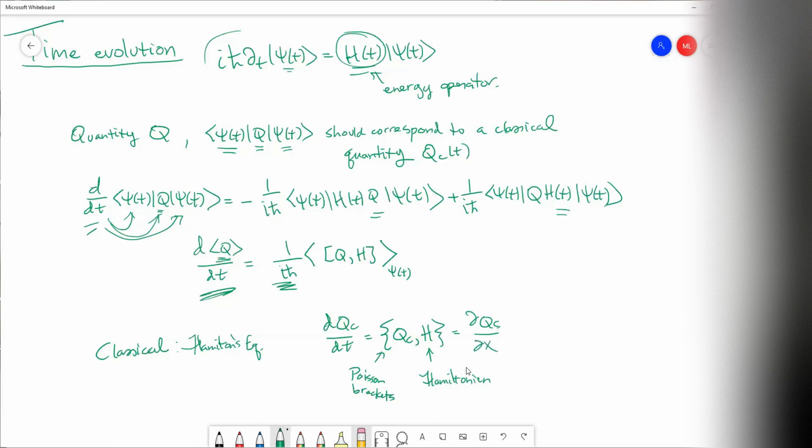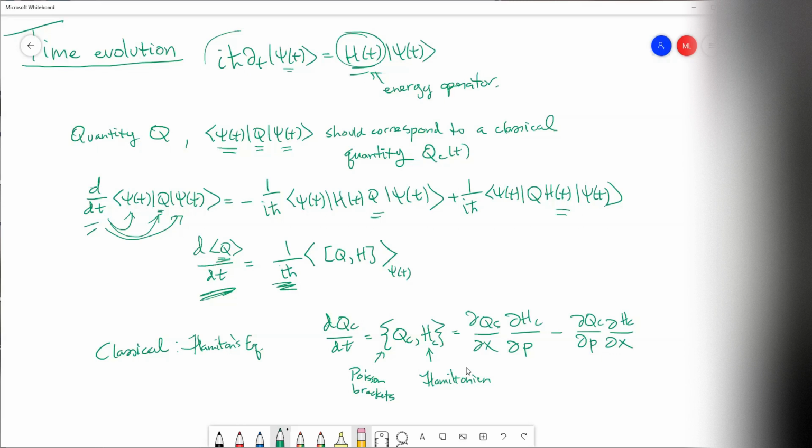So what the Poisson brackets end up doing is giving you something like this. I should put, this is a classical Hamiltonian. I forget who thought of this first. I guess it was Dirac.